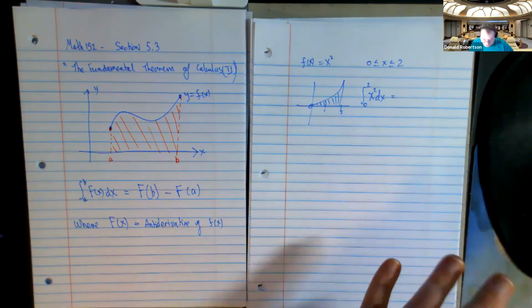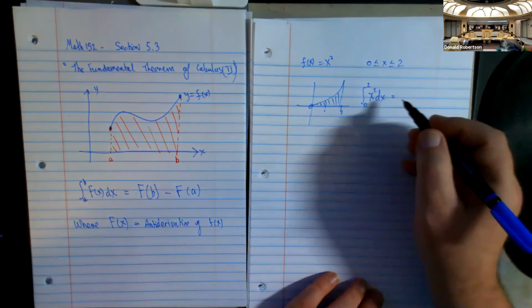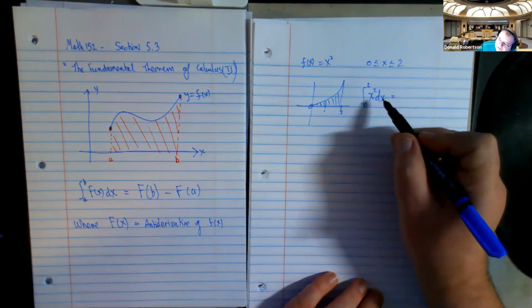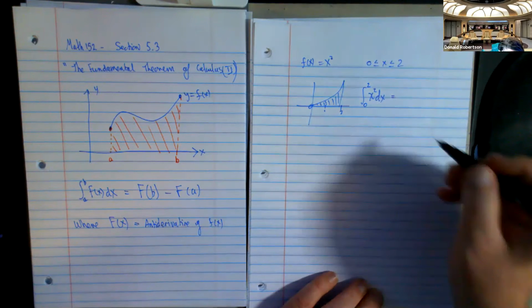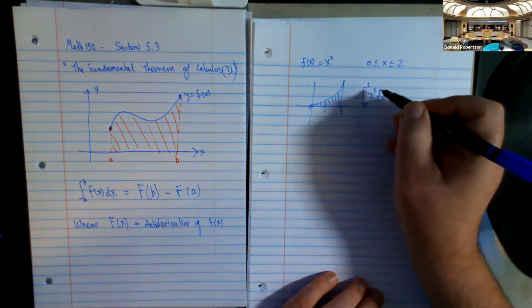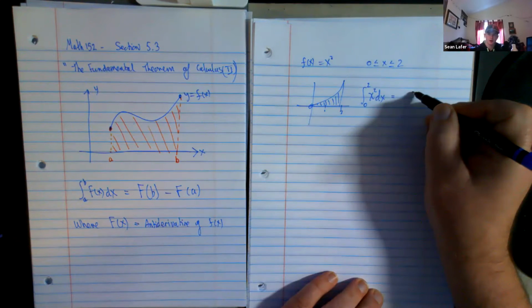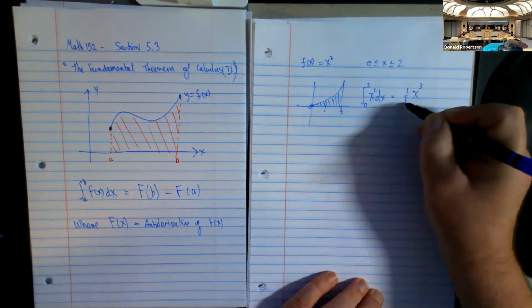And we set out the working in a very specific way, which you'll probably find almost every textbook does the same. What is the antiderivative of x squared? Remember the power rule from Friday. The antiderivative of x squared is 1/3 x cubed. Right, add 1 to the power, divide by the new power.